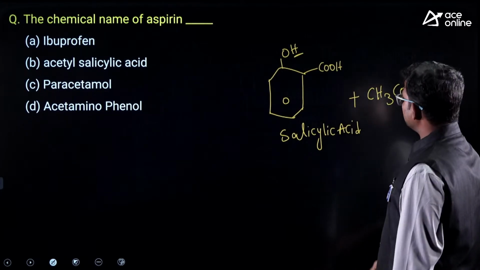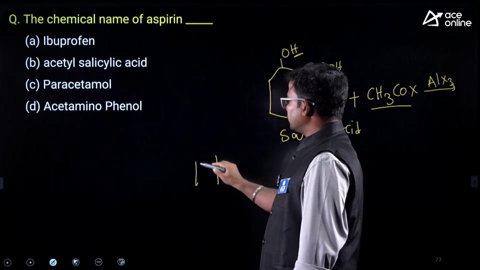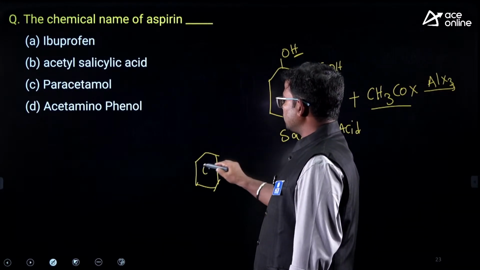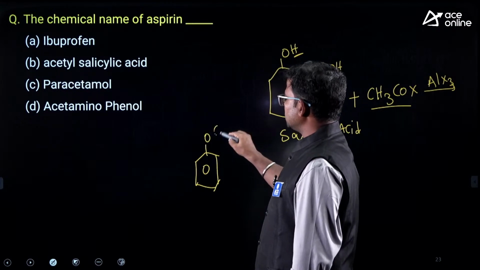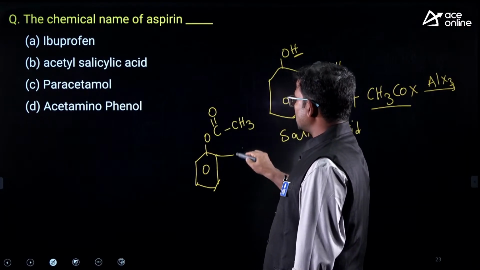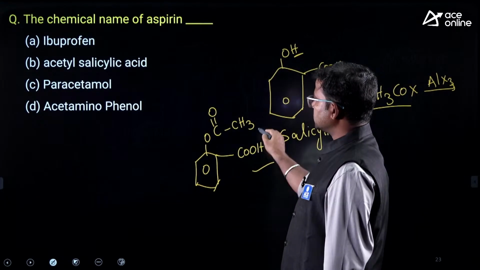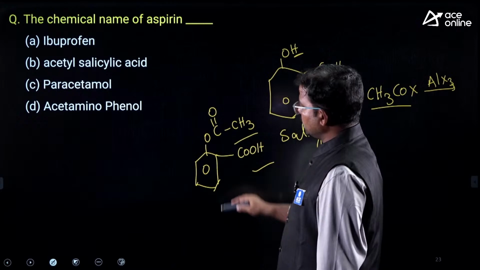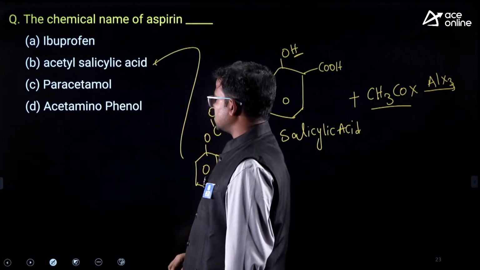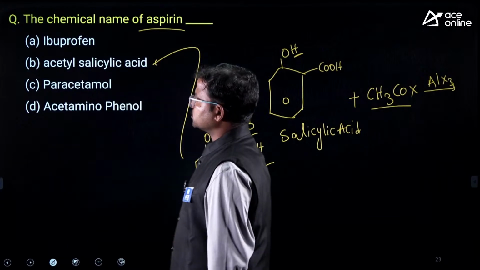Actually this hydrogen can be replaced by CH3CO. Then what we get? Instead of this hydrogen, it is replaced by CH3CO. This is called the acetyl group. So finally this is called acetyl salicylic acid. This is the chemical name of this derivative. So this is considered as aspirin.